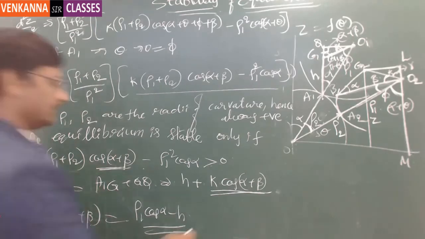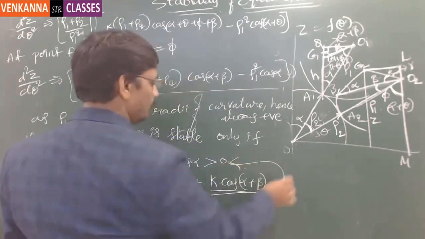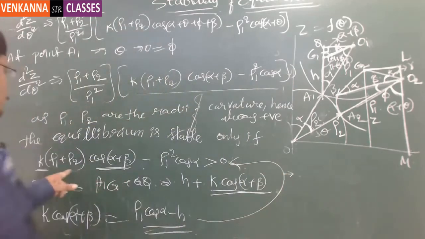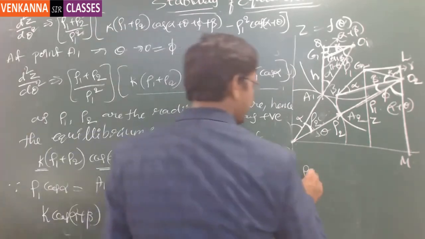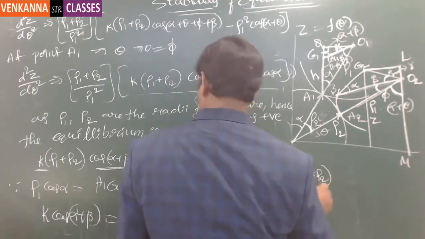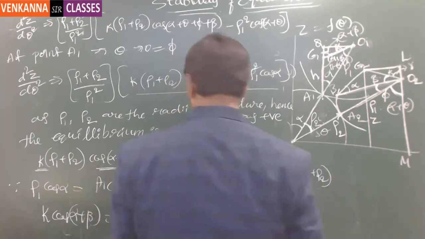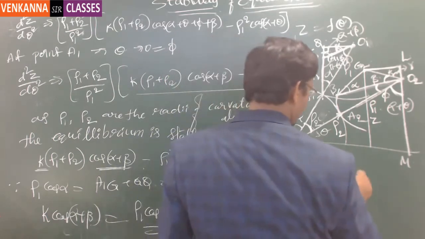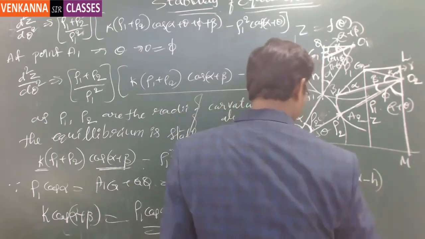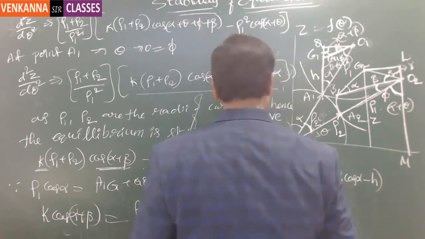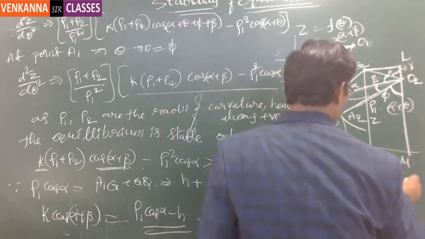Now from this relation, if you put it here, then rho 1 plus rho 2 times k times cos alpha plus beta can be replaced as k rho 1 cos alpha minus h, minus rho 1 square cos alpha.